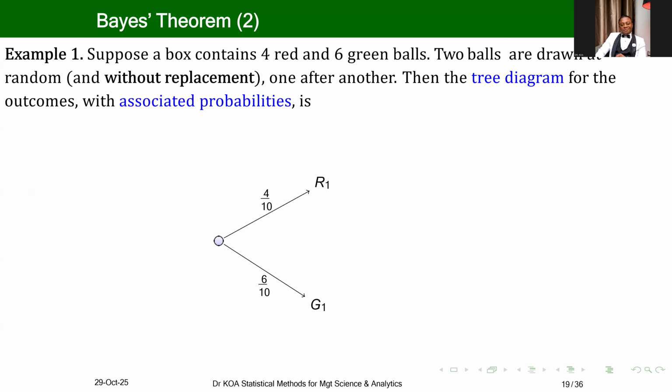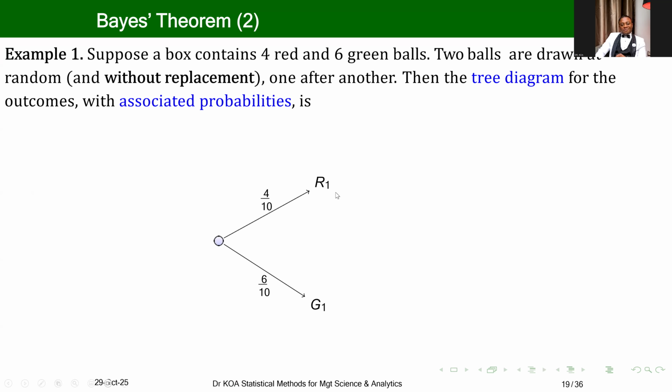Now let's go to the probability of the second ball, given that the first ball was red. So the probability that the second is red, given the first is red. So we are still going to stay on this R1.